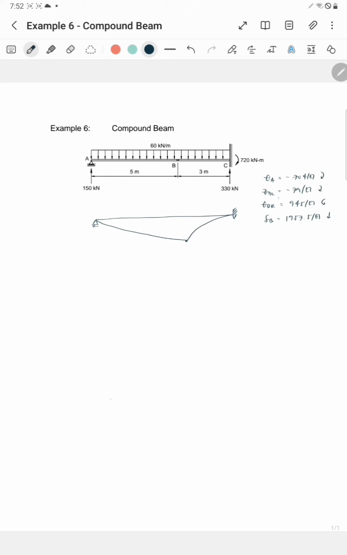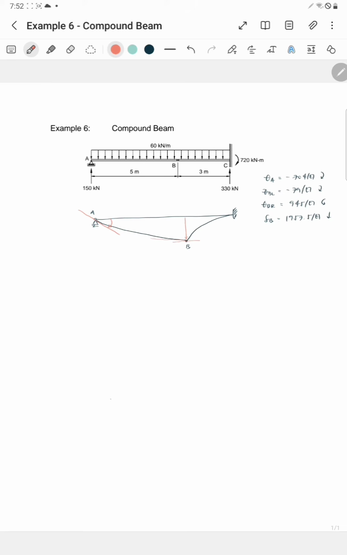These are the results, then let's interpret them. So at point A, we make a tangent line, and this is theta A clockwise. At point B, the deflection is downward. Then to the left of B, we make a tangent line.